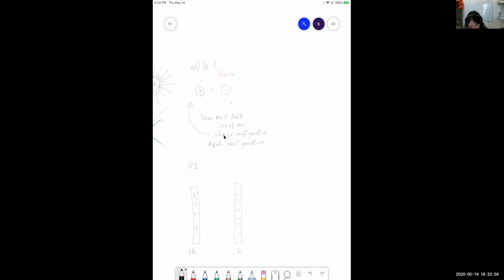How does the electric field line look for such a configuration? All right, so trying to figure out. Imagine you put the positive Q test charge here. What kind of a force would this one feel?